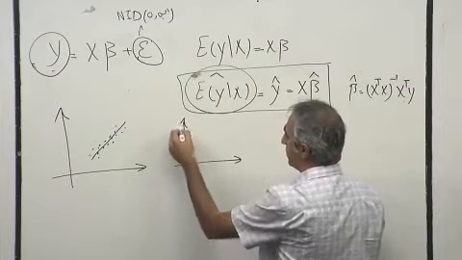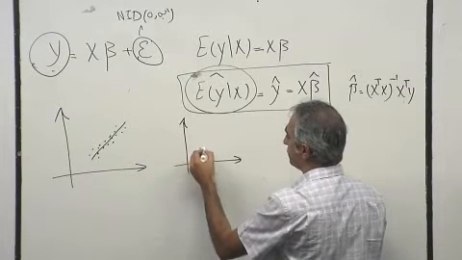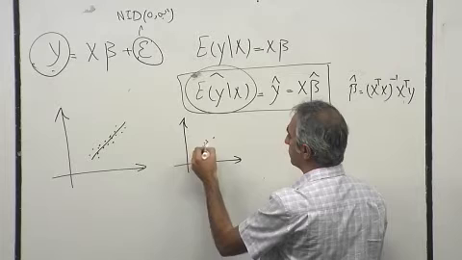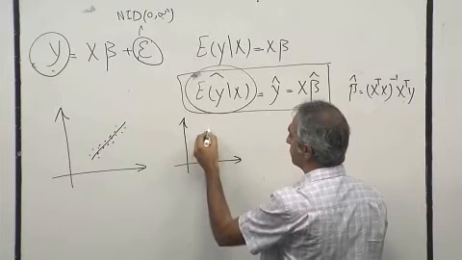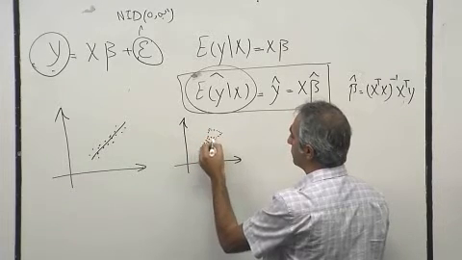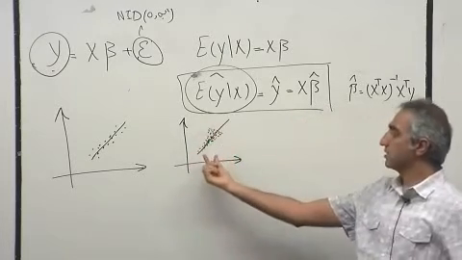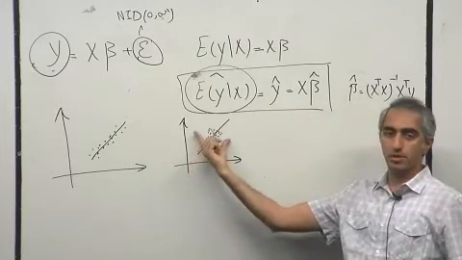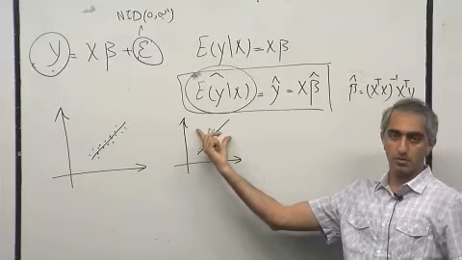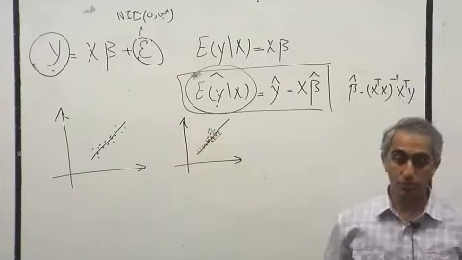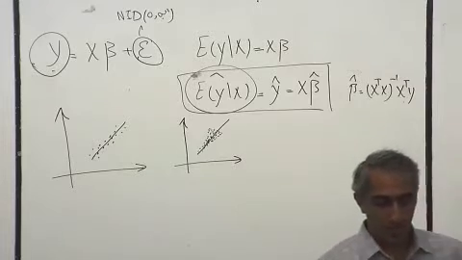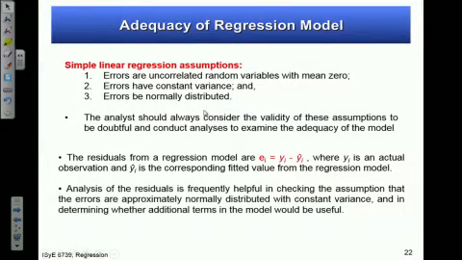However, look at this case. If this is the line, you can see the variance here is smaller, the variance here is larger. Okay? So the variance should be constant. That's one of the assumptions. And errors are normally distributed. The third assumption is necessary just for confidence intervals.